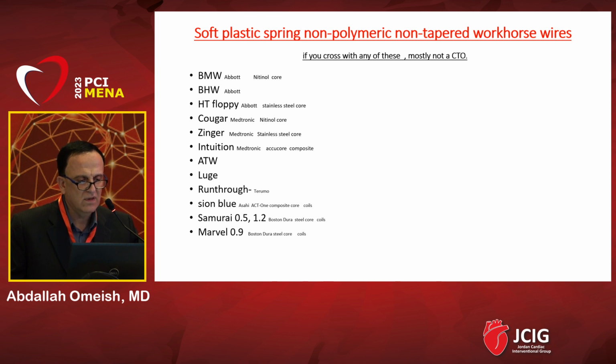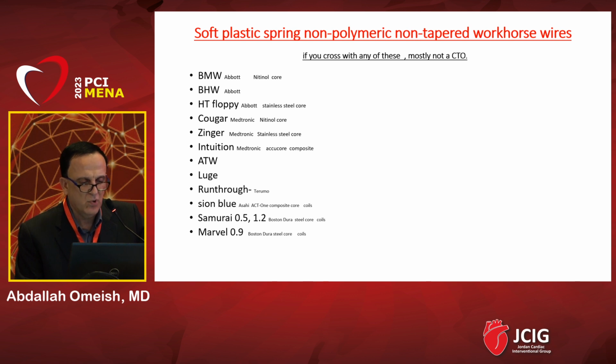And the coils are there for control and tactile feedback. They decrease the whipping, and they can provide us with one-to-one torque. Other properties of the guide wire that are needed are that they should have a good tip load, and they should be supportive.